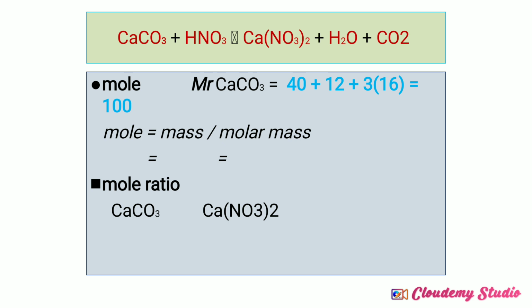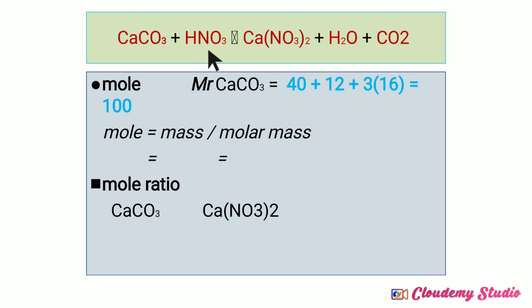At the beginning, first we need to check whether the given chemical equation for the reaction is balanced or not. If it's not balanced, we need to balance it. Now let's check this equation. On the right hand side, the nitrate radical is present two times, but on the left hand side in nitric acid it is present only one time.